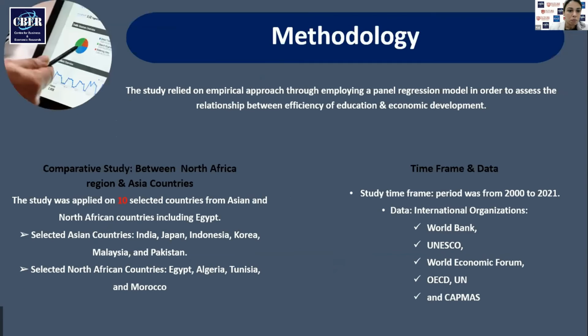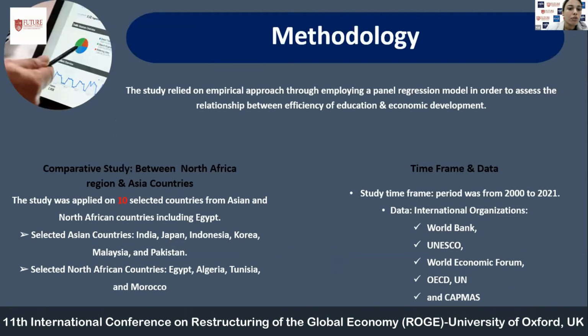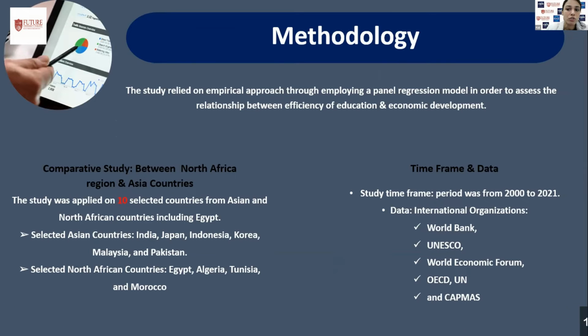The methodology that I have relied on is an empirical approach, in which I employed a panel regression model to assess this relationship. Since it's a comparative framework between the North African region and Asian countries, the study selected 10 countries.